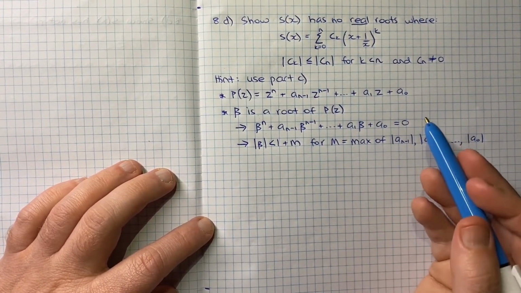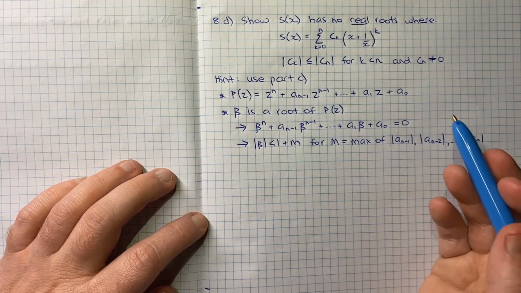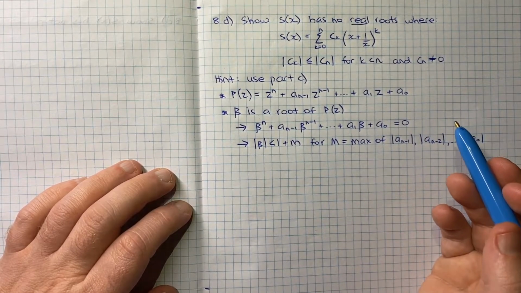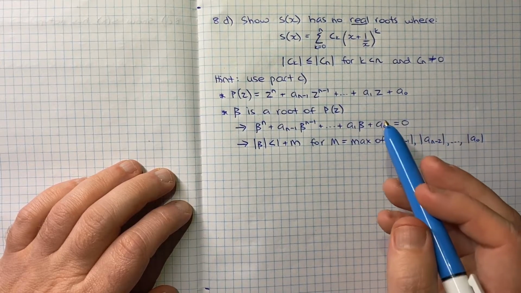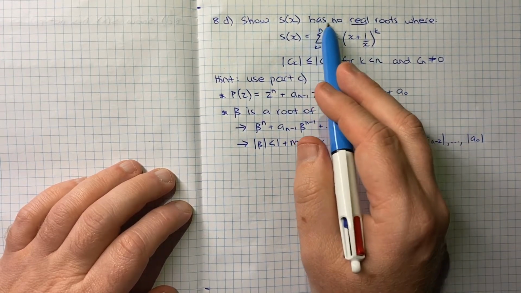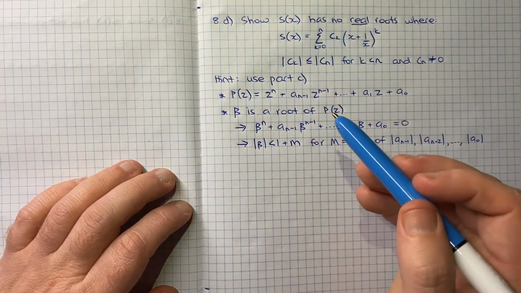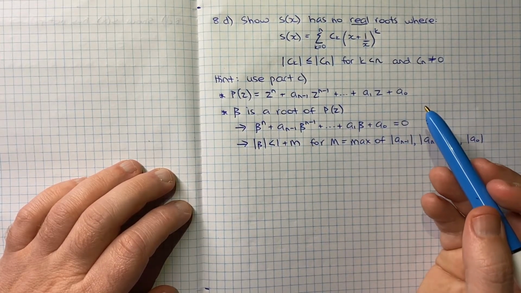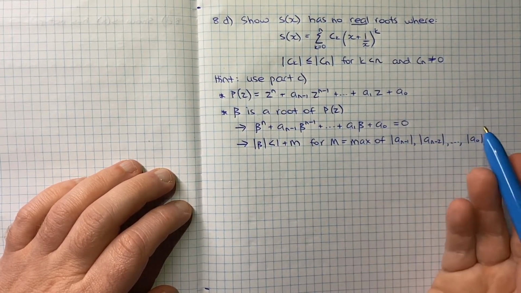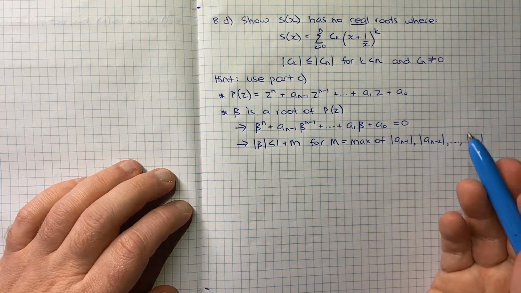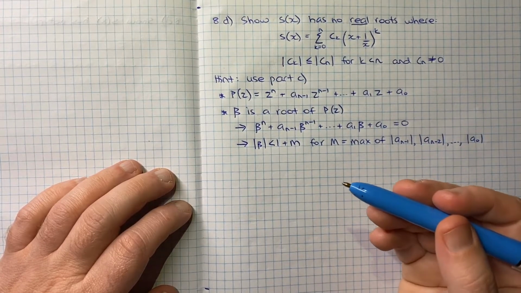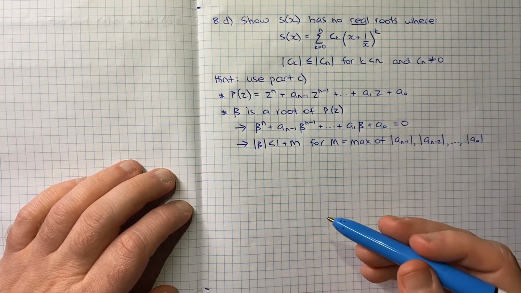In those kinds of questions, proof by contradiction can often be a good technique, because you can assume the opposite. So here we're trying to show no real roots, so let's assume there is a real root and see if it leads to some kind of contradiction. Because from there you can conclude that the opposite must be true.